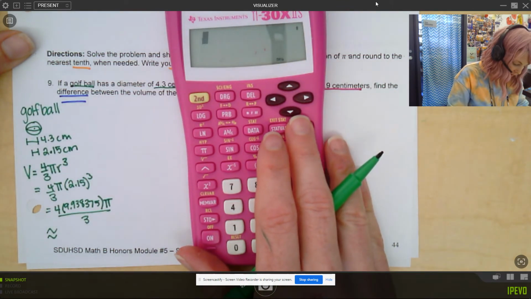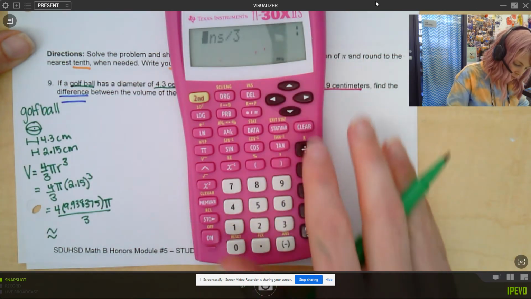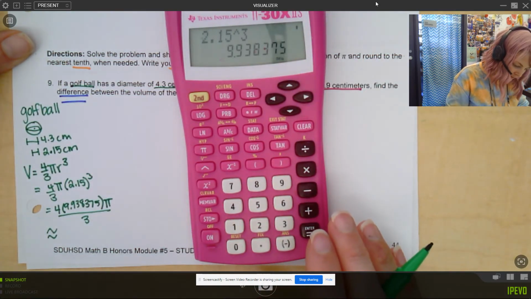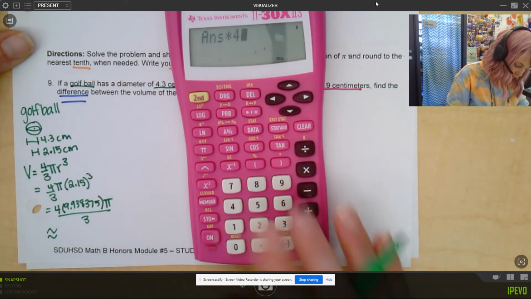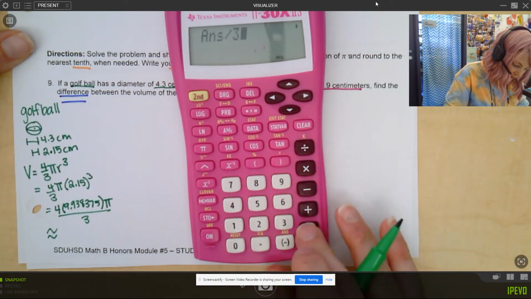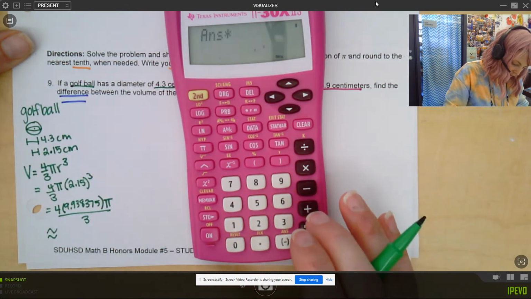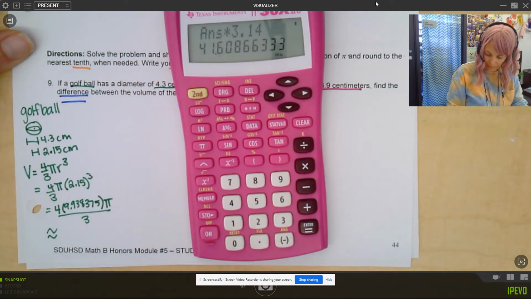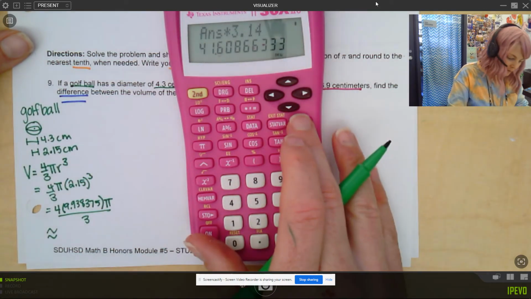I made a mistake here. Let's see. 2.15 to the third power times 4 divide by 3 times 3.14. Much better. What's going on?